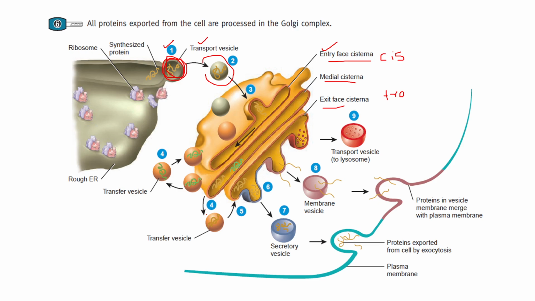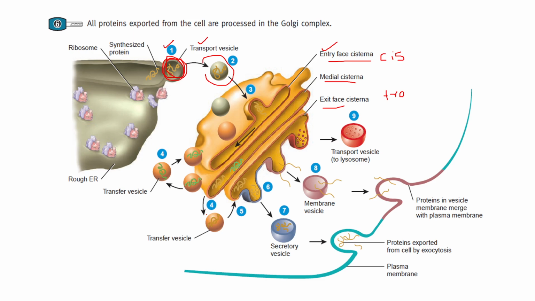When the protein comes to the exit phase cistern, it will again be packaged into a transport vesicle, and this transport vesicle is now known as lysosome. The lysosome is the cell organelle which is nothing but the transport vesicle which carries protein.